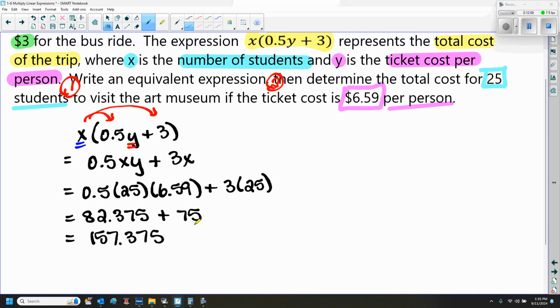So now we can round to the nearest cent. So how much money is that? $157.38. So this is going to be the total cost for the trip to the museum.